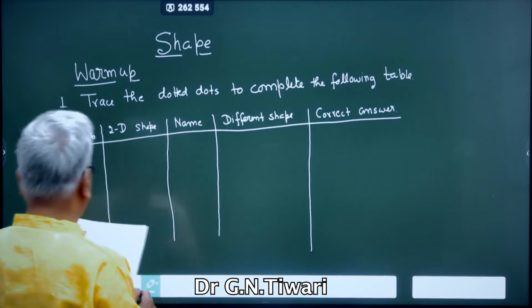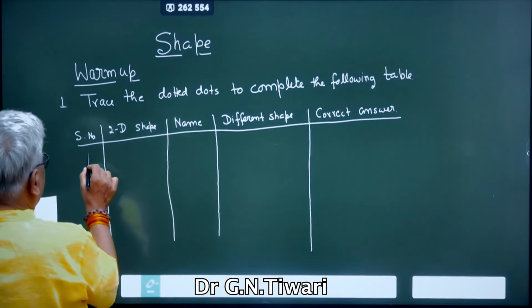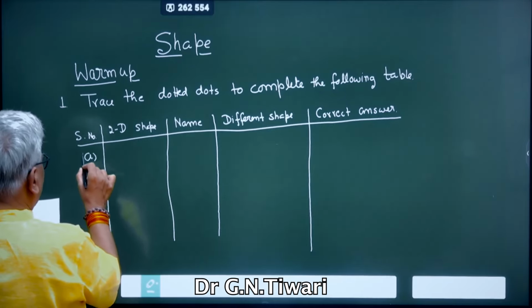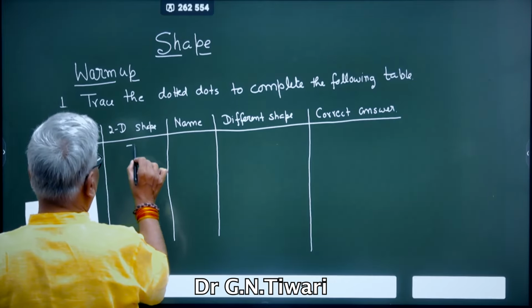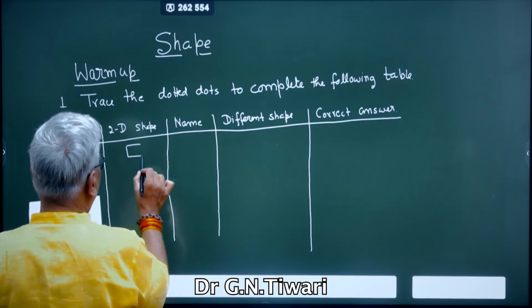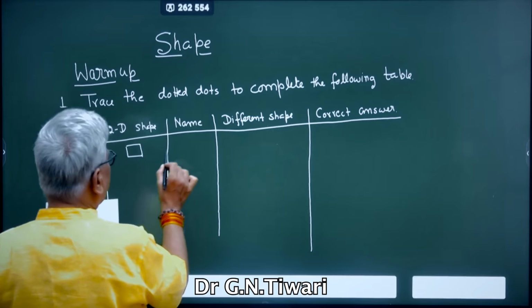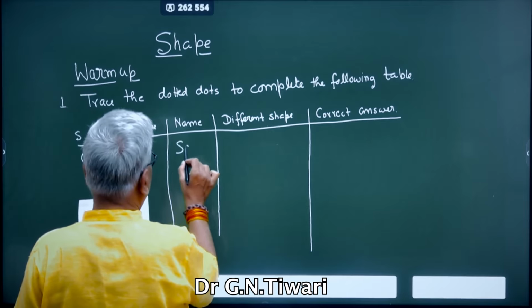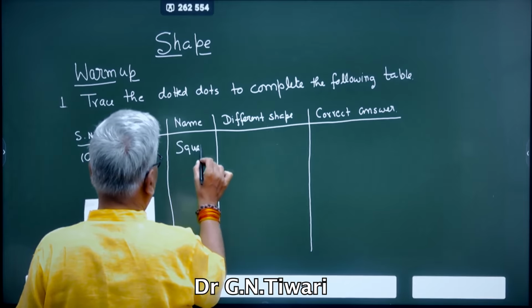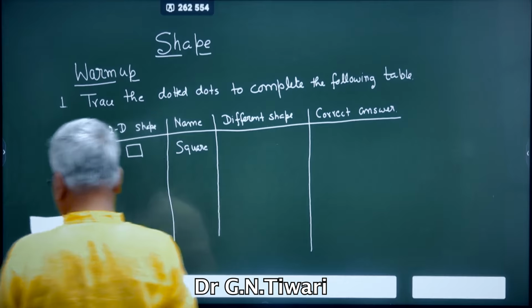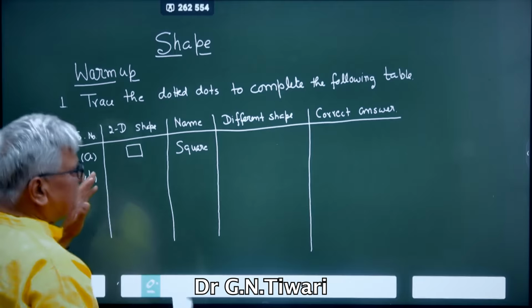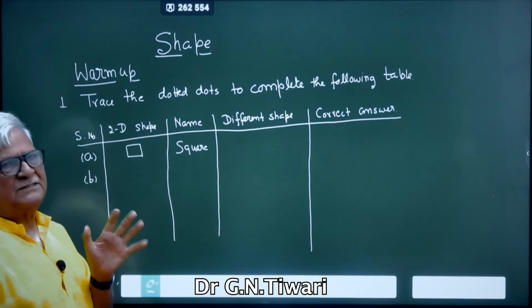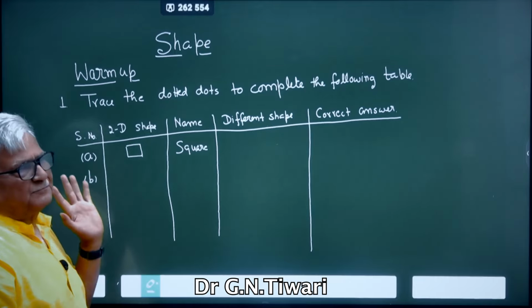अब देखिए, I am putting A. In a class 1, I have made this the square. All the sides are the same. Its name is square. B, just tell the students the four equal sides. It is two-dimensional.